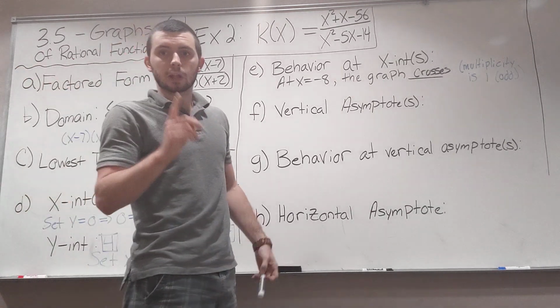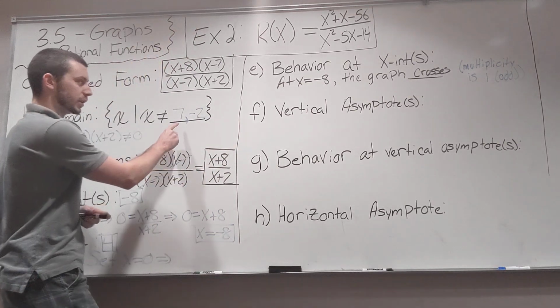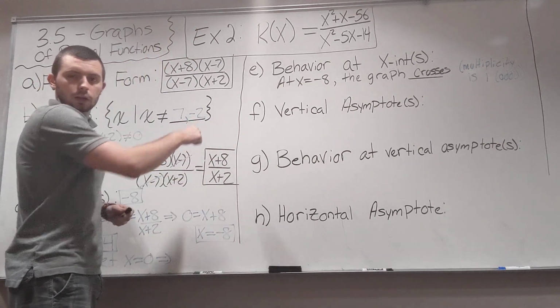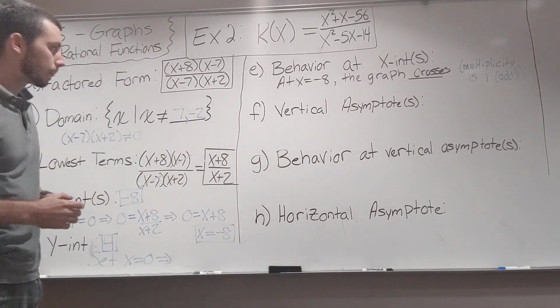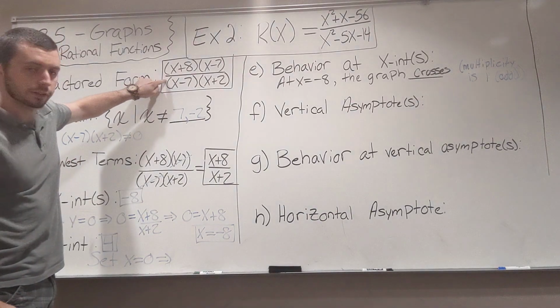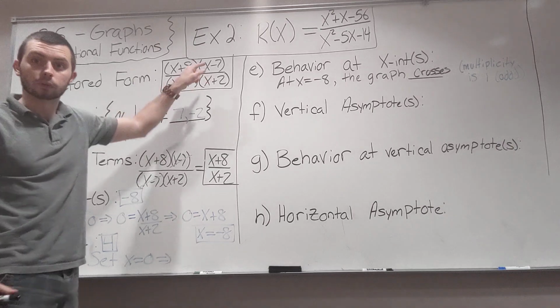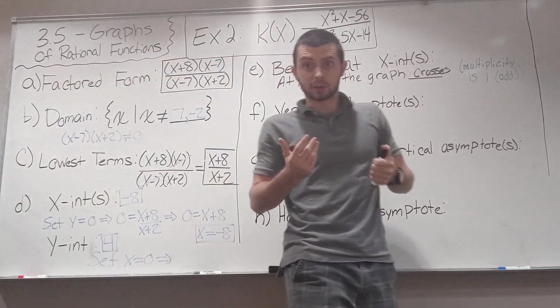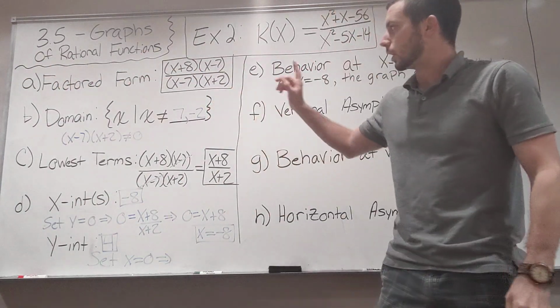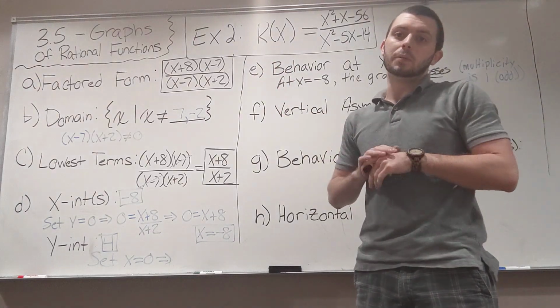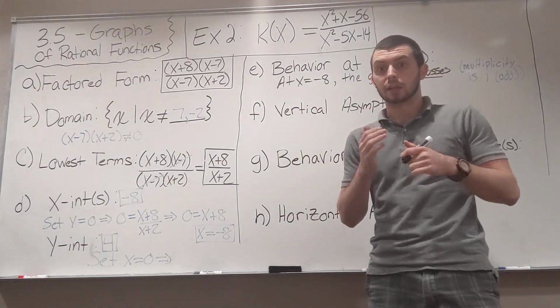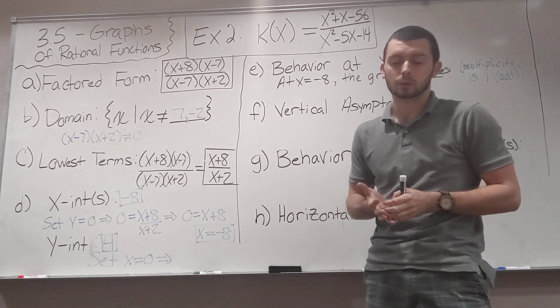However, the vertical asymptotes in this case will not be 7 and negative 2. The reason why: notice we had a cancellation. The x minus 7's canceled out. When a number cancels out like that, it means it no longer can be a vertical asymptote.